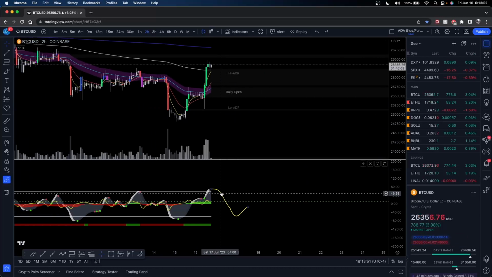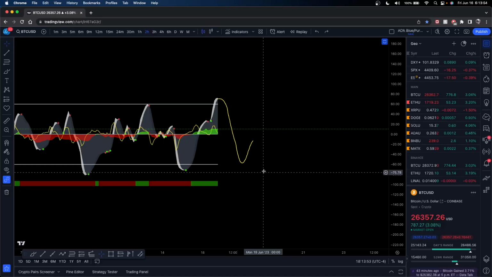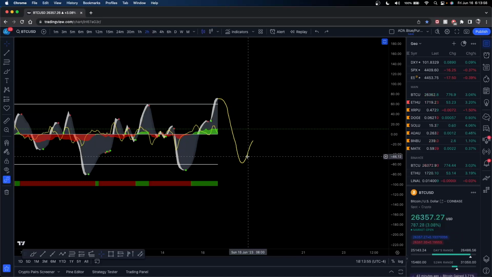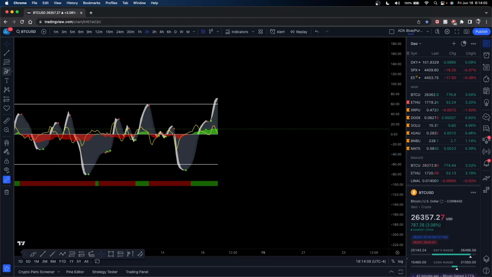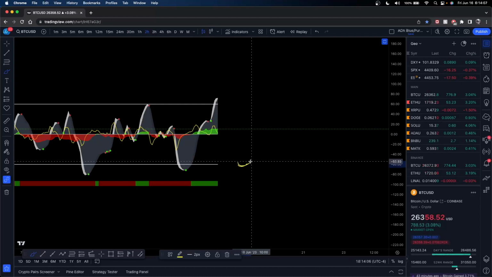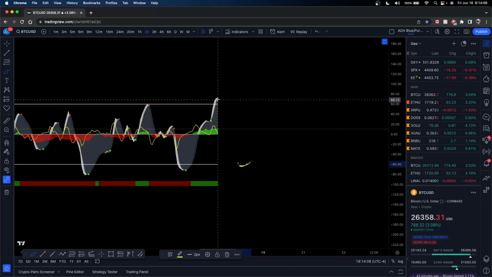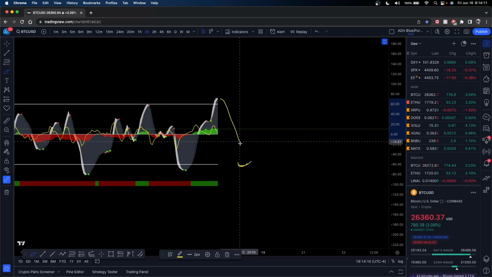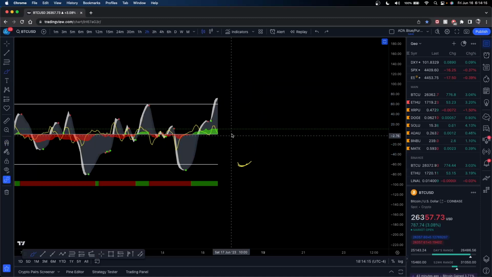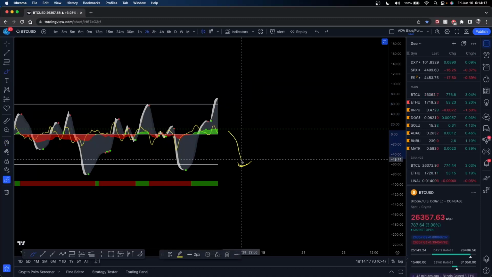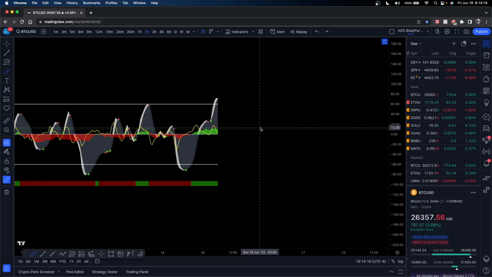Think of a trampoline, because the higher you jump on a trampoline, the higher the bounce. So if the wave clips down here and you jumped from up here, you bounce higher than if you were to jump from here. You won't bounce as high.